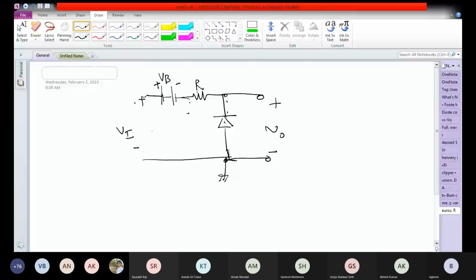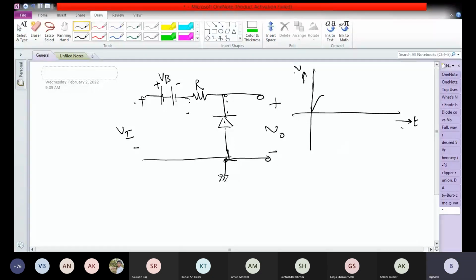So whenever you plot this, this is my input waveform. Now, whenever you see the battery in series, the first thing you do is you plot the waveform at the input of the circuit after the battery.